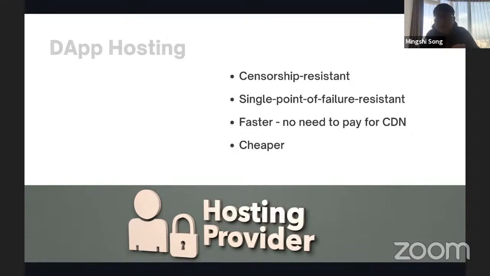The first one is about censorship. Hosting your dApps or your website on Crust network is censorship resistant. Imagine if you want to build a site like Pornhub or other websites with sensitive content, or a website with some controversial topics, you can choose to host your website on Crust network because you can really own your website.